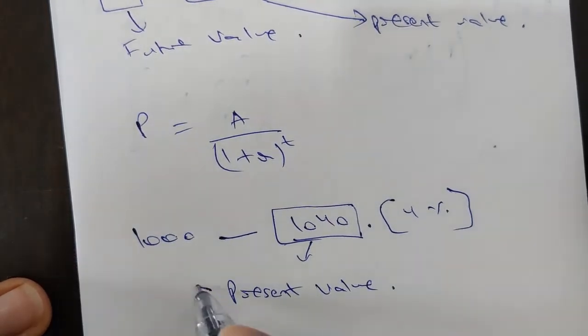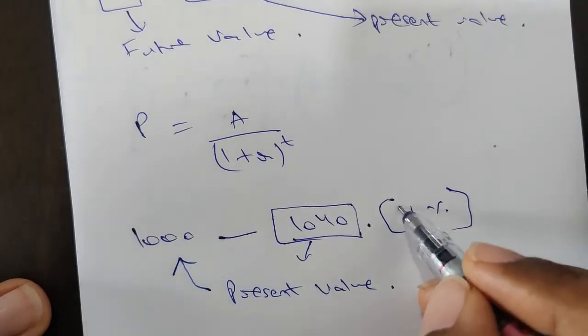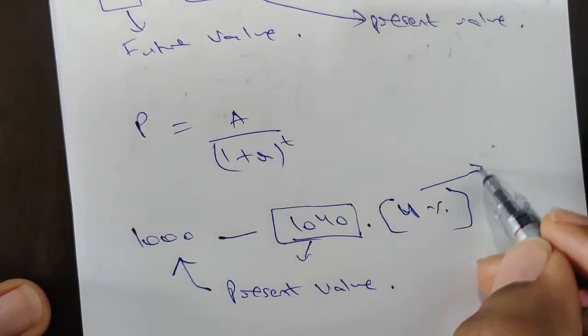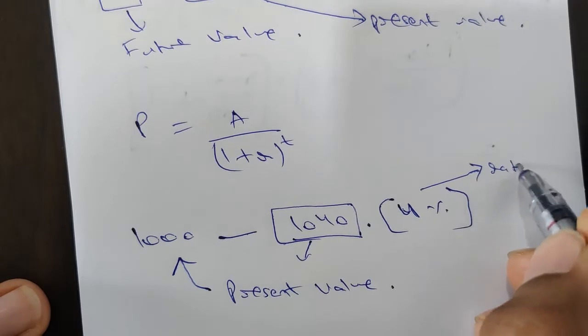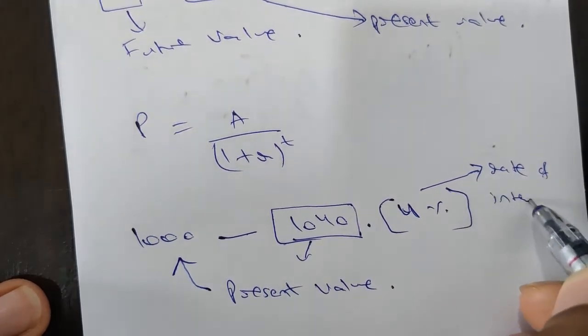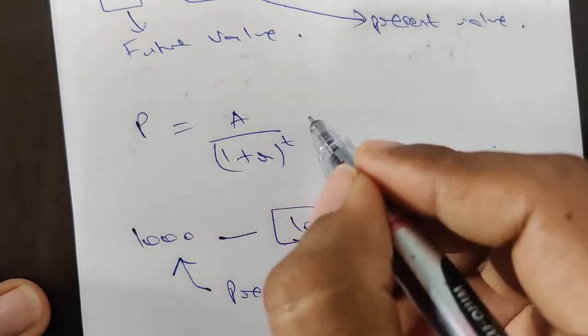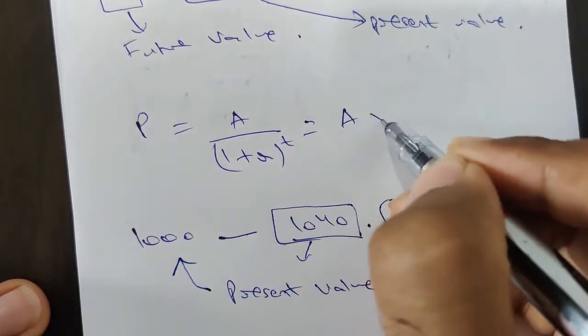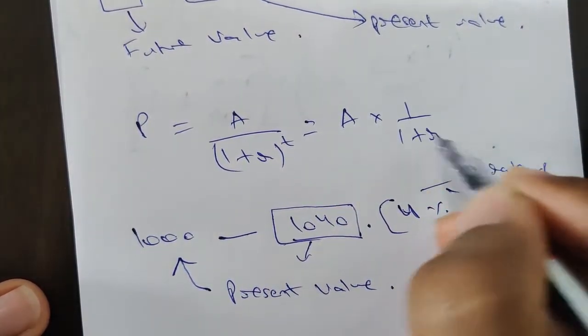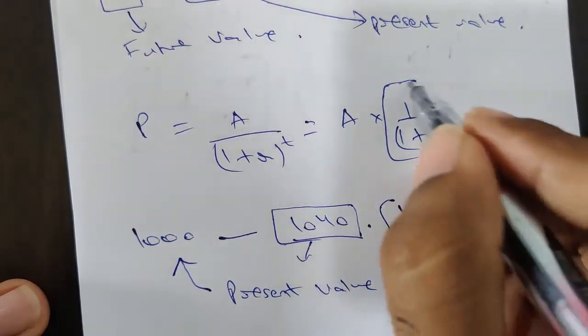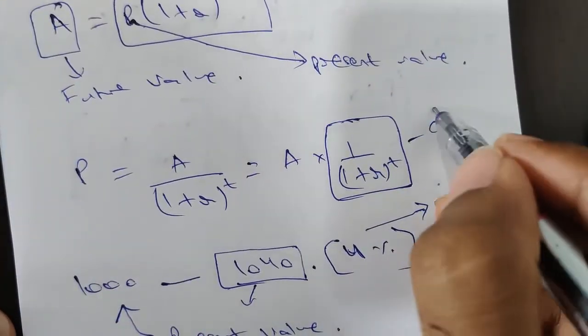So this present value would be 1000, assuming your discounting factor is the same as the rate of interest. Okay, so what is this new term now? Discounting factor. This is your discounting factor.